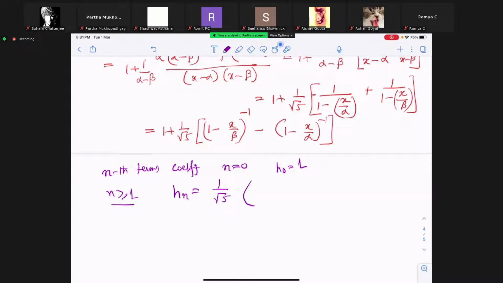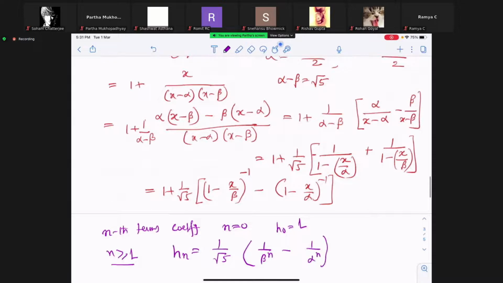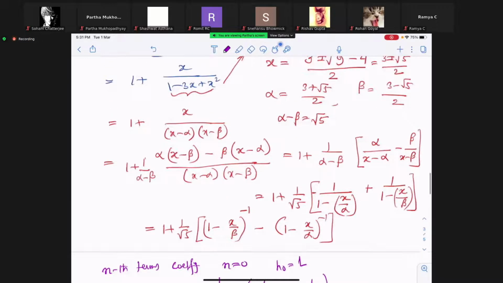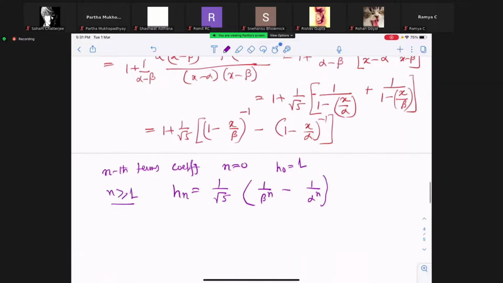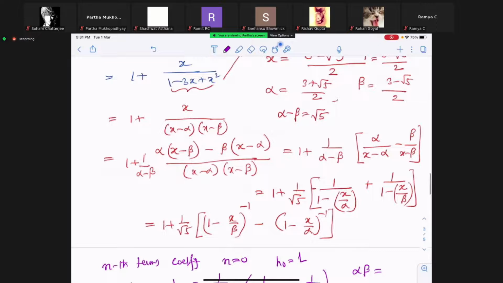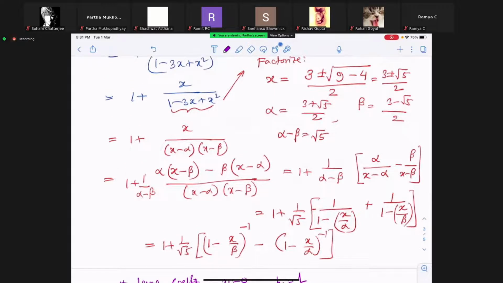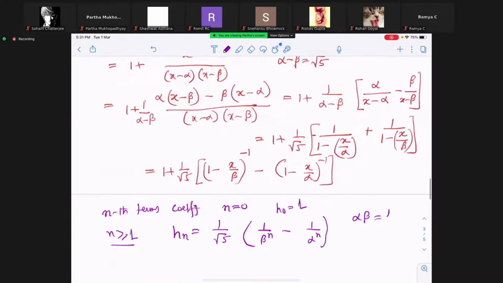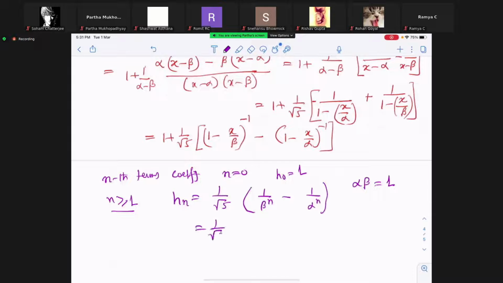This thing will continue to give 1 over beta power n, right? And this one will give you 1 over alpha power n. And what is alpha beta? Alpha beta is 1. Good. So this is just 1 over root 5. Okay, so this is the expression that you are looking for.